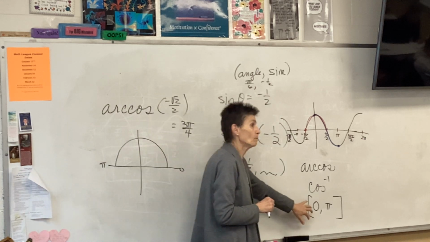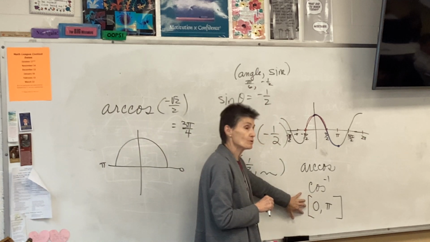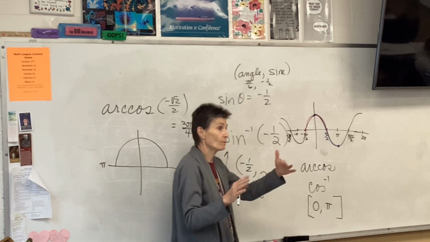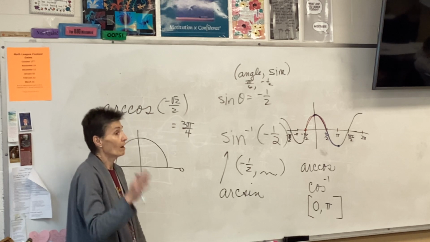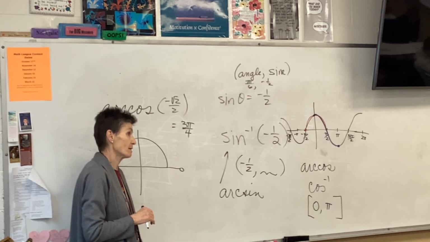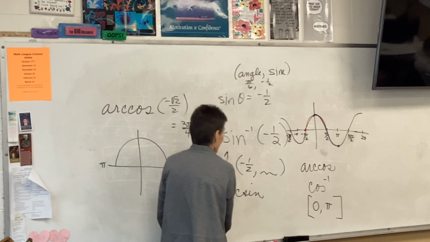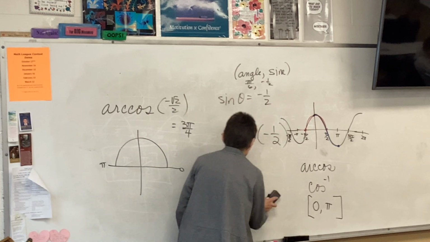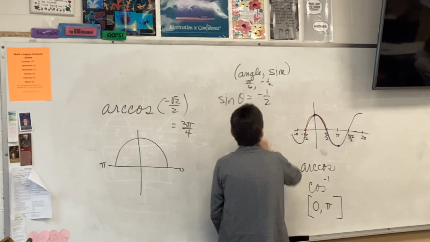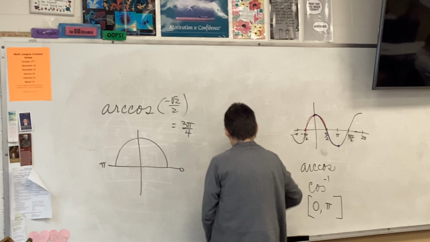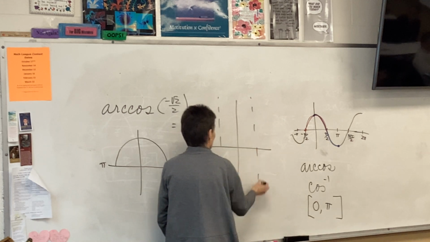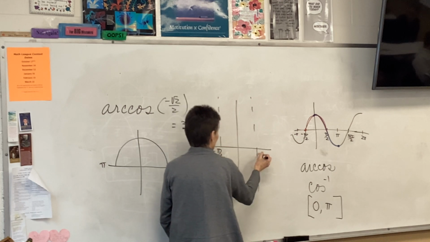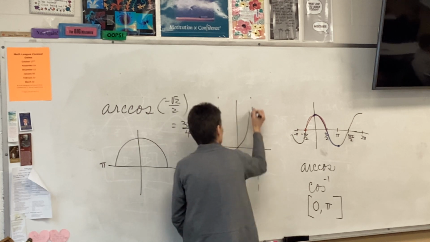These are called the principal values. The principal values for the inverse cosine are 0 to pi. The principal values for the inverse sine are negative pi over 2 to positive pi over 2. So what about tangent? Here's my normal tangent curve.